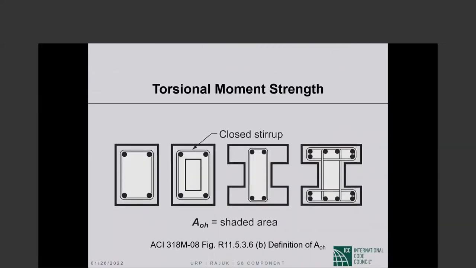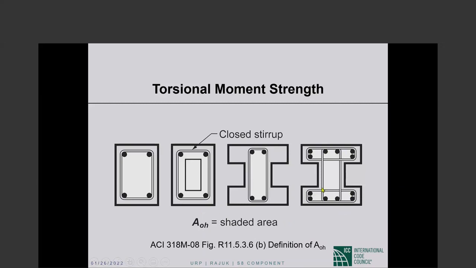This is an illustration of this A sub 0 h. Here it is straightforward, the center line of closed transverse torsional reinforcement. Here also it is pretty straightforward. This is a solid section. This is a hollow section. Does not make any difference. Here also it is pretty clear cut, I hope. So, the center line of the outermost closed transverse reinforcement. Here it's a more complicated situation.